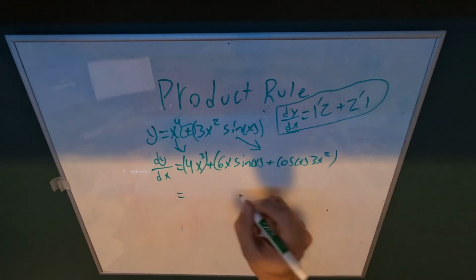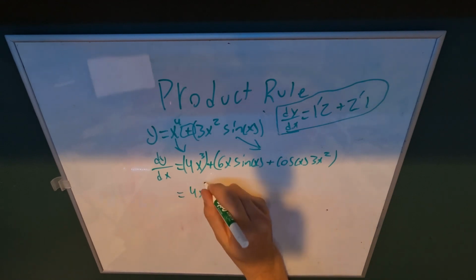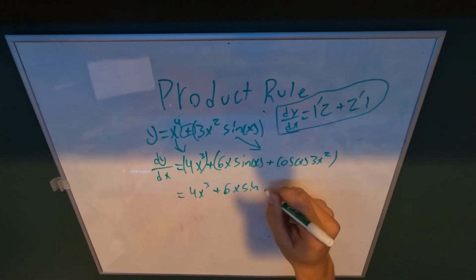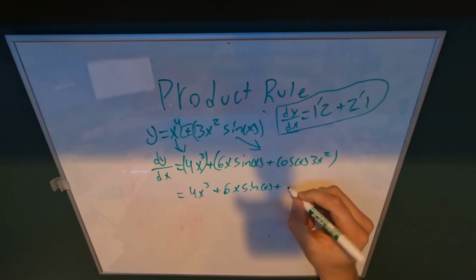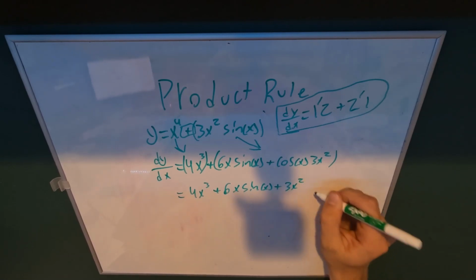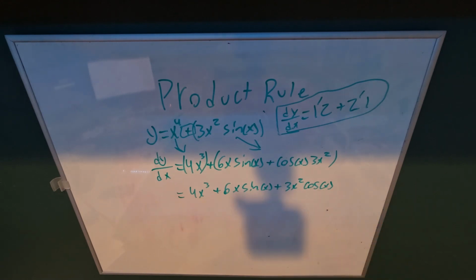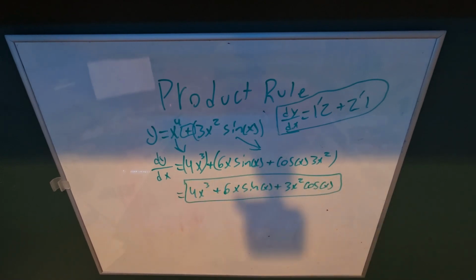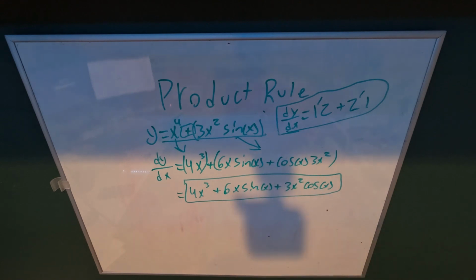So our final derivative is 4x cubed plus 6x sine of x plus, and I like to write that first, so 3x squared cosine of x. But it doesn't matter where you put that, obviously. And then that should be your derivative for that.